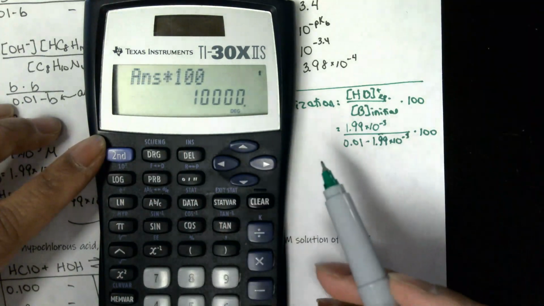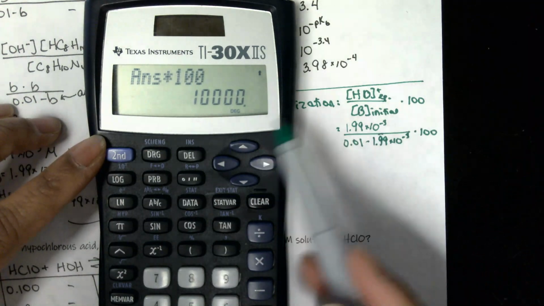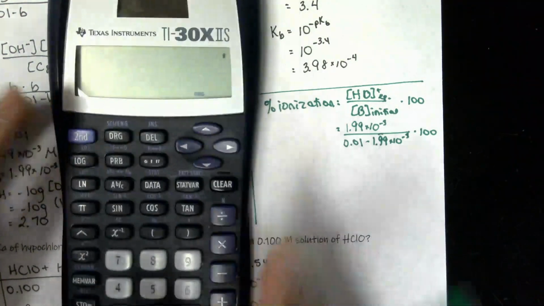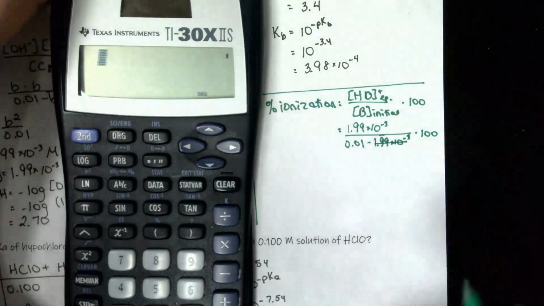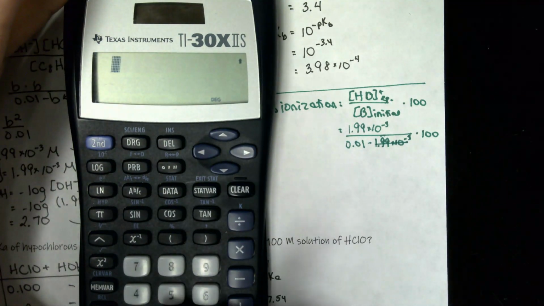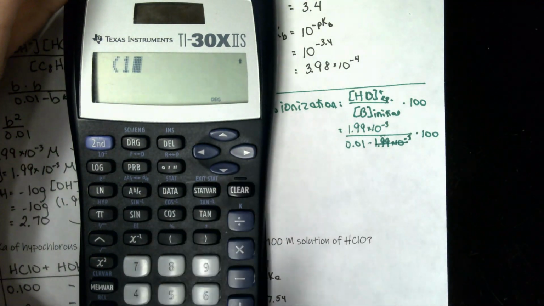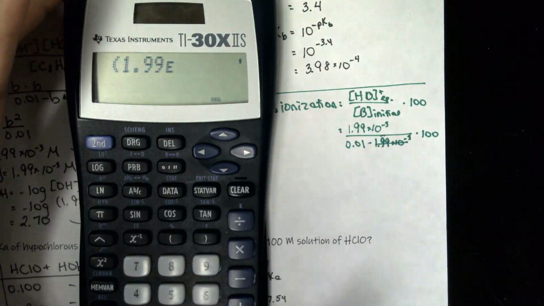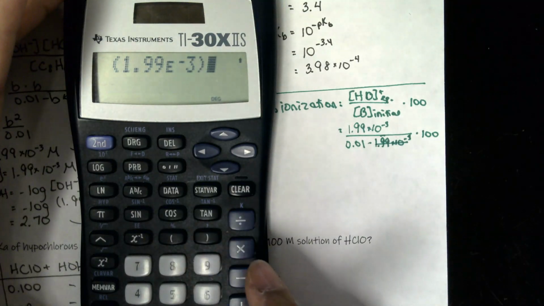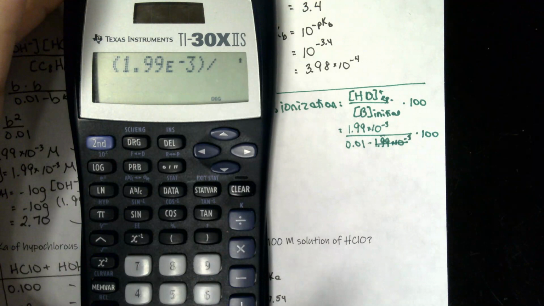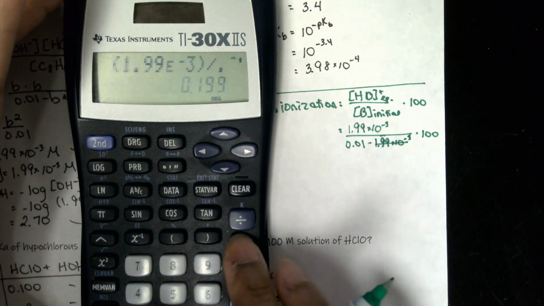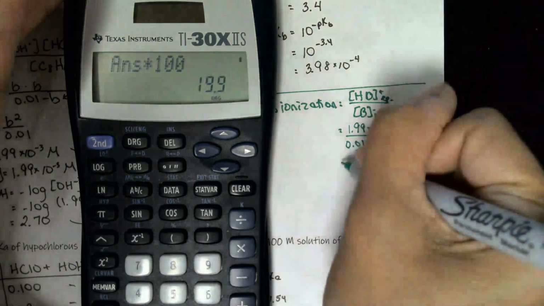So if I do it this way, I think I messed up on that one. Sorry, my bad. So actually, let me omit this because that might make it a little bit better. 1.99 E minus 3, I think I may have multiplied the two. I don't know. 0.01, times 100. There we go. That's better.